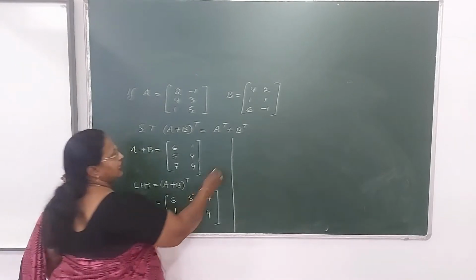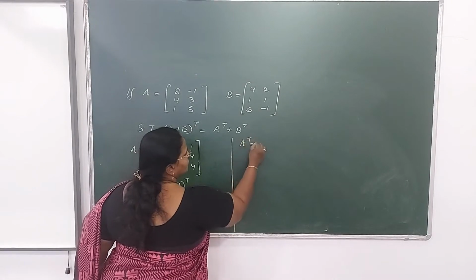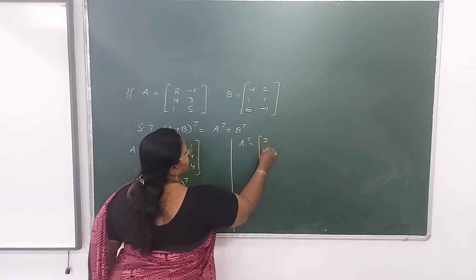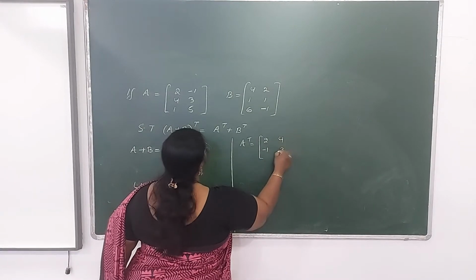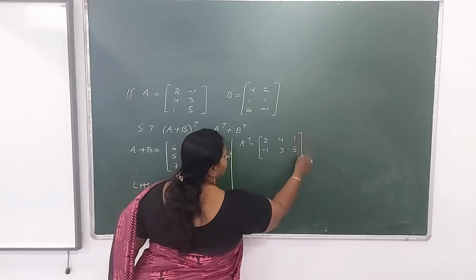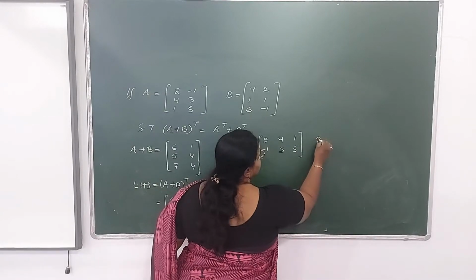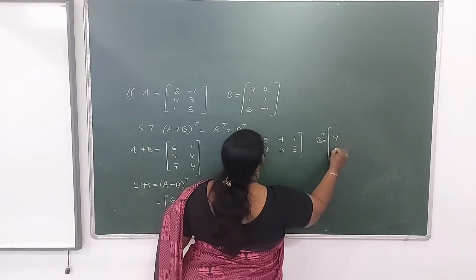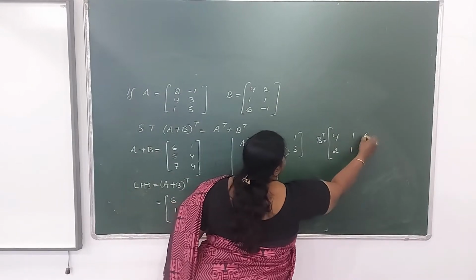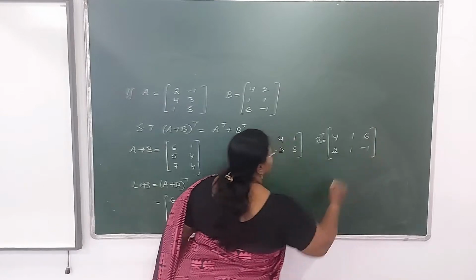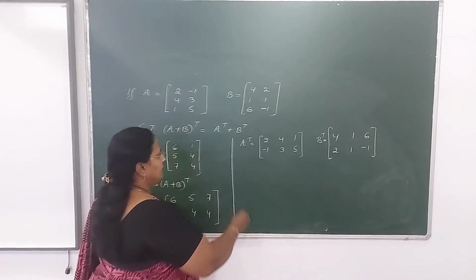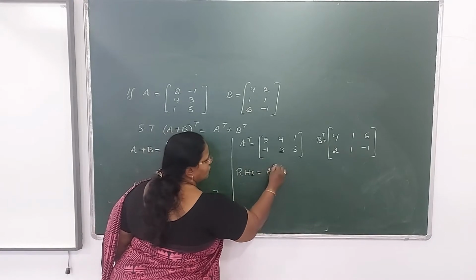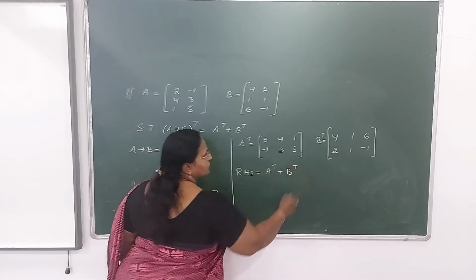Now for the right side, separately you find out the transpose. The transpose of matrix A is 2, minus 1, 4; 3, 1, 5. The transpose of matrix B is equal to 4, 2, 1; 1, 6, minus 1. Now what about the right hand side? RHS is equal to A transpose plus B transpose.